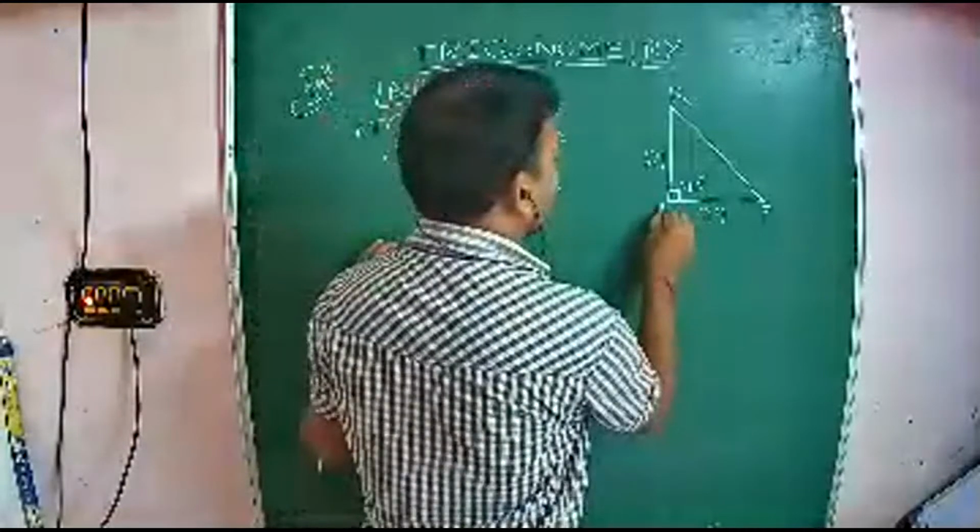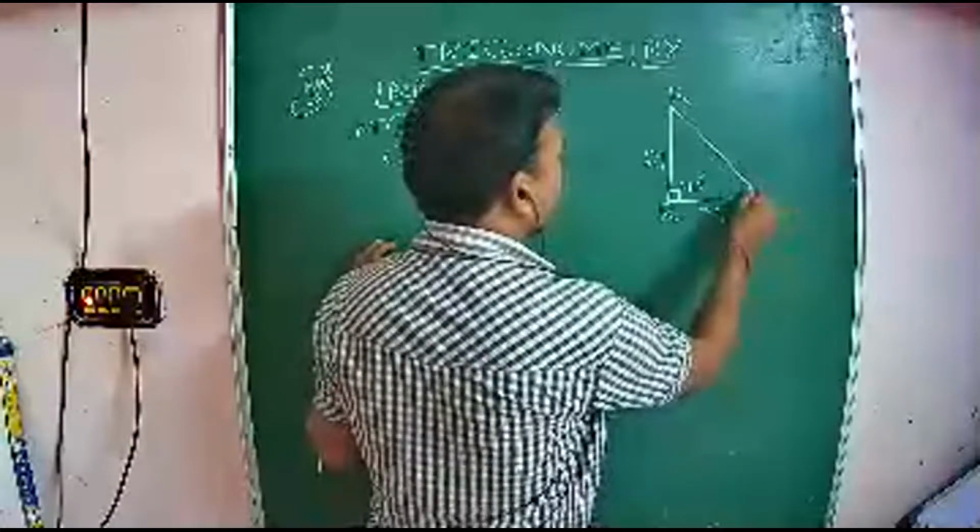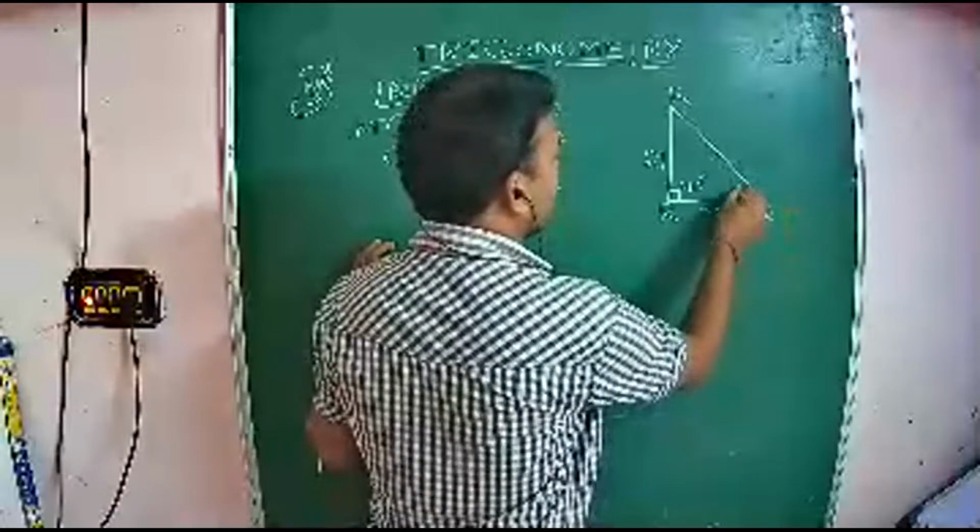Sorry, the right angle at R is given. So this is Q. You need to take this acute angle theta.